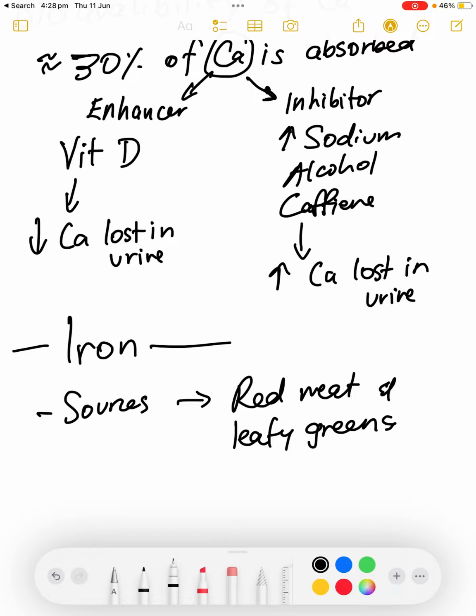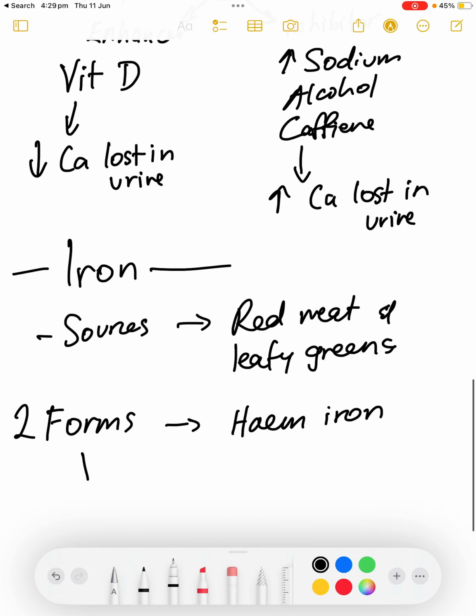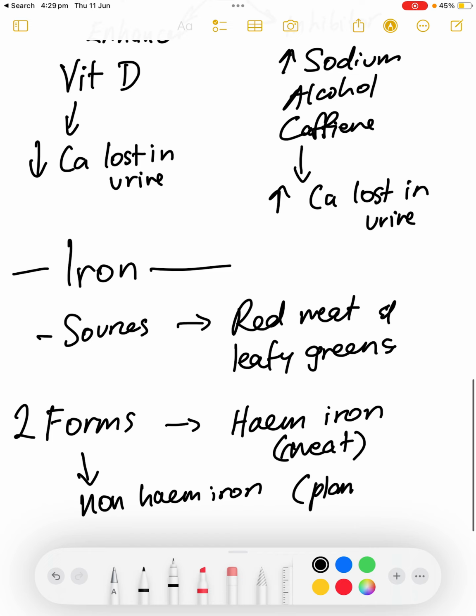Another thing about iron that I've discussed, I'm just going to say here, is there's two forms. Firstly is heme iron, and the next one is non-heme iron. Heme iron is meat sources, and plant sources is non-heme iron.